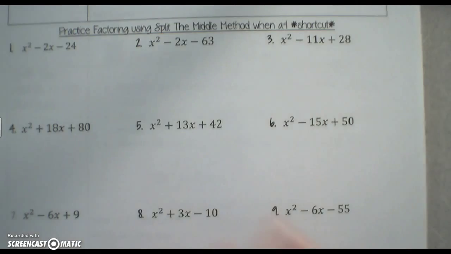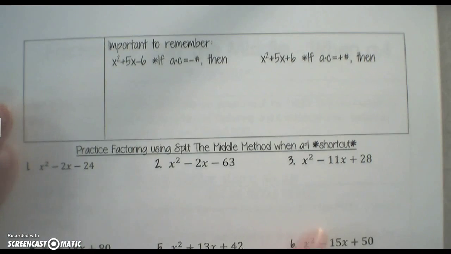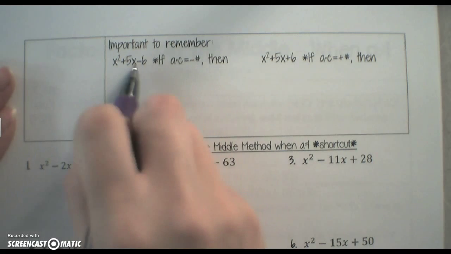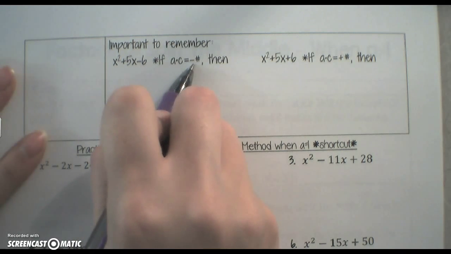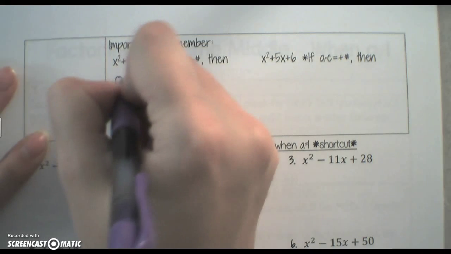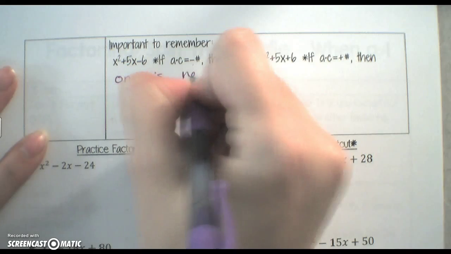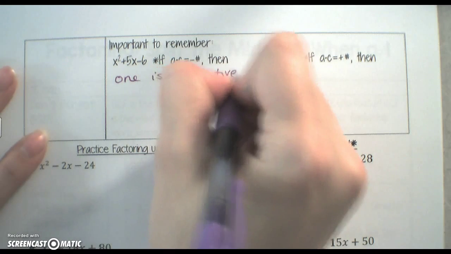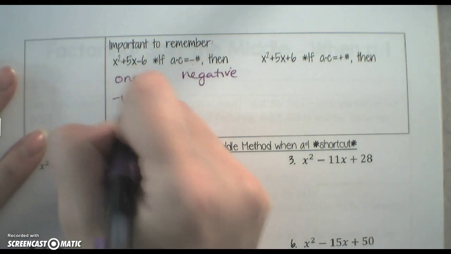All right, so let's go ahead and try some more. It's going to go pretty quickly now that we know that shortcut method. One thing to remember, though, as you're doing this, if our a times c is a negative number, well, then that means one of them is negative. So just keep that in mind. So -6, what are the factors?